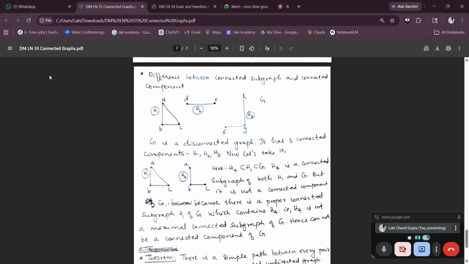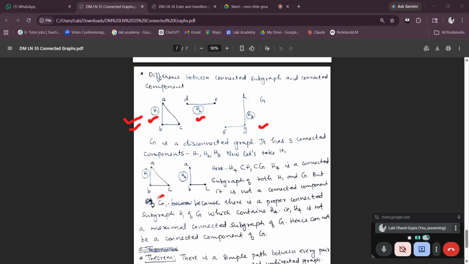Now, difference between connected subgraph and connected component. You know subgraph. Subgraph is a part of an original graph. There are 3 different graphs, H1, H2, H3. These are 3 different components.